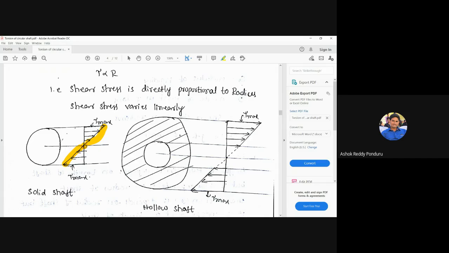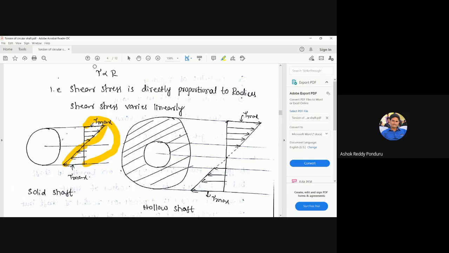But here it is 0 at the center and maximum at the outermost layer, and it varies linearly. You have to remember that the shear stress due to the shear force and the shear stress due to the twisting moment are both different.